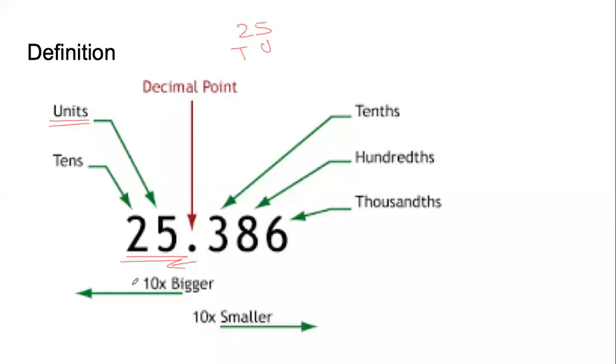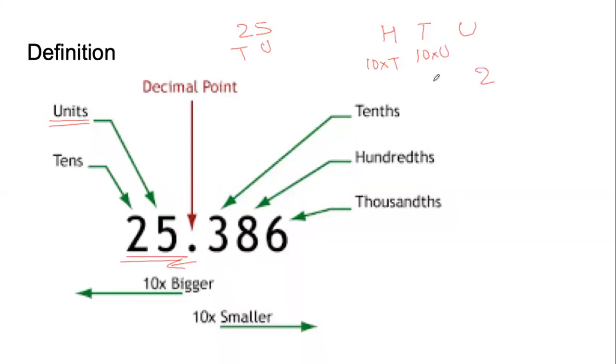What is happening here is that everything in the units place is 1/10 of what is at the tens place, or we can say that everything at the tens place is 10 times the units place, and everything at the hundreds place is 10 times what is on the tens place. If we have a 2 in the units place, it only means 2.